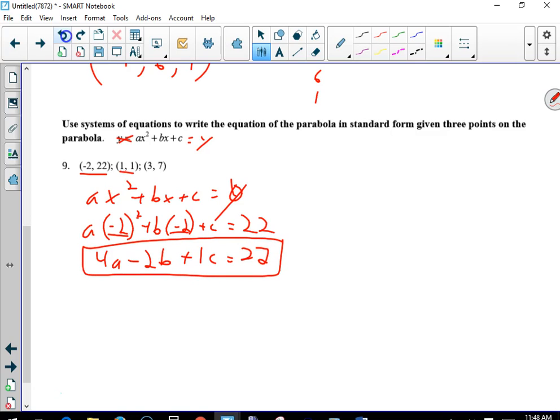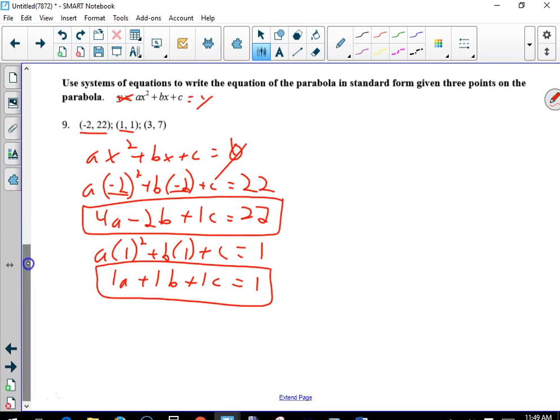Go to the second one. A 1 squared plus b 1 plus c equals 1. So that's 1a plus 1b plus 1c equals 1. Then I put in 3. A 3 squared plus b 3 plus c equals my y of 7.